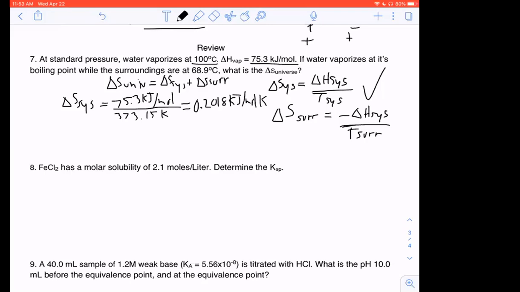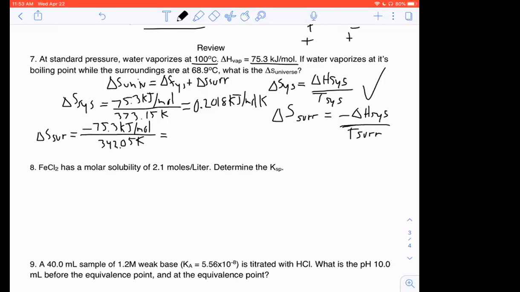Delta S of the surroundings then, you're just going to use this equation here. So delta H of the system is going to be the same, but for this one, you use the temperature of the surroundings. So delta S surroundings equals negative 75.3 kilojoules per mole over 68.9 plus 273.15, which is 342.05 Kelvin.